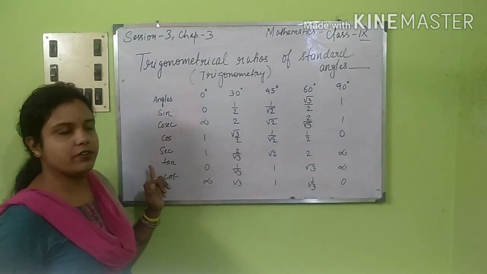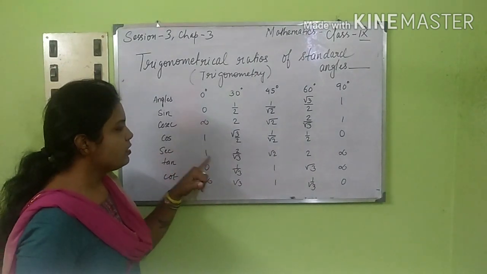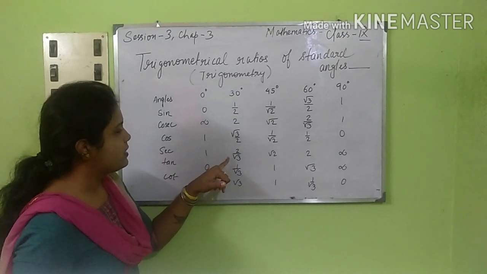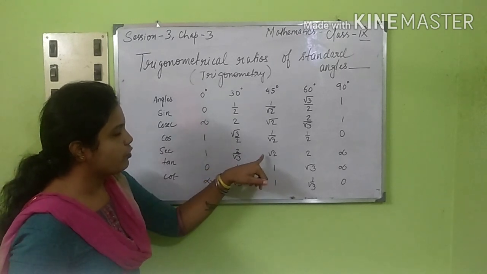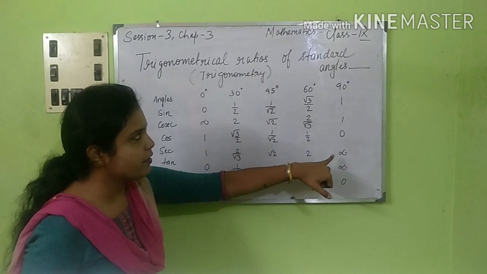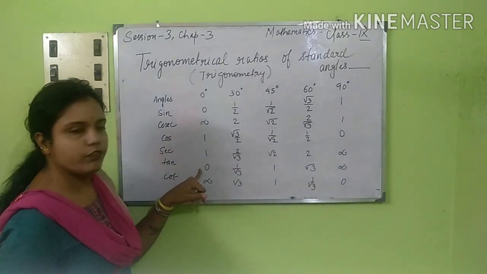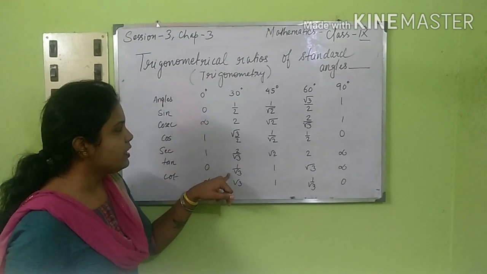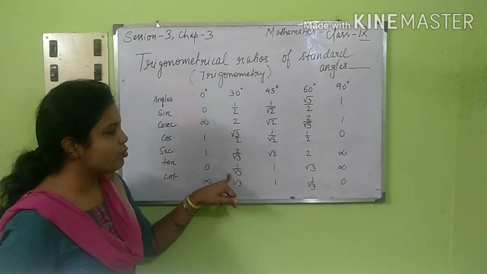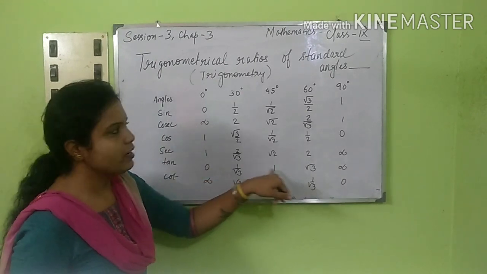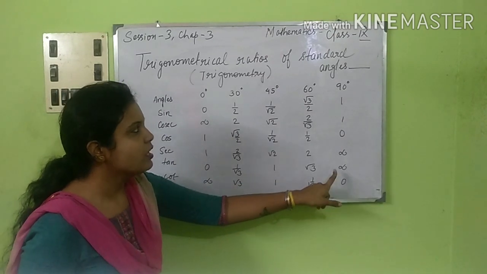Again, sec is the reciprocal of cos: 2 by root 3 for sec 30 degree, root 2 for 45 degree, 2 for 60 degree and undefined for 90 degree. Tan is 0 for 0 degree, 1 by root 3 for 30 degree, 1 for 45 degree, root 3 for 60 degree and undefined for 90 degree.